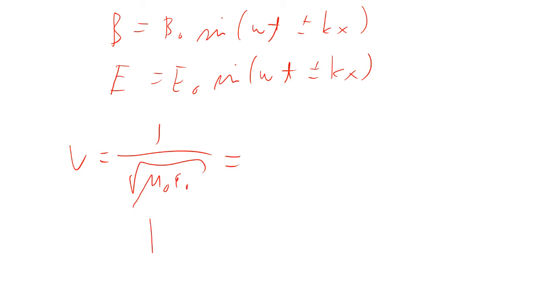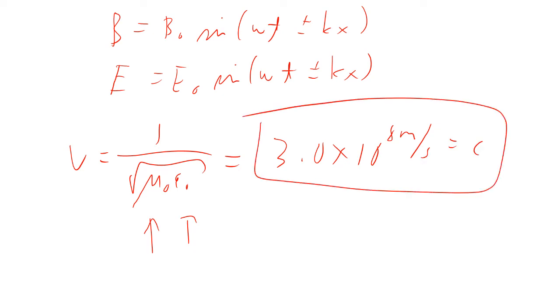Well, if you plug in what we know for mu naught and epsilon naught, what you get is the speed of light. So this is where Maxwell's equations really come in, because they are helping define what light is. Light is a wave.